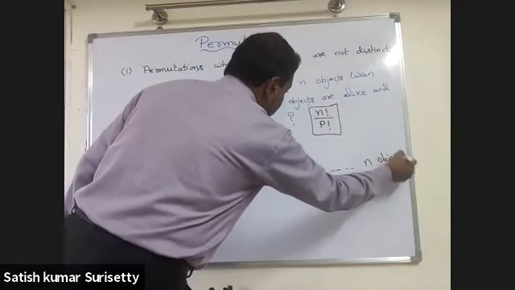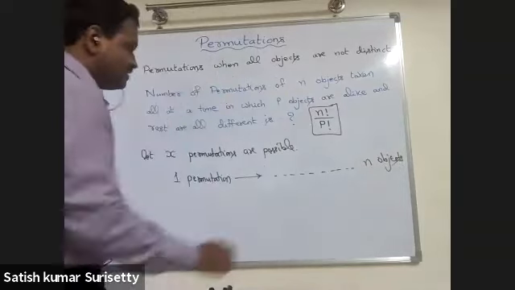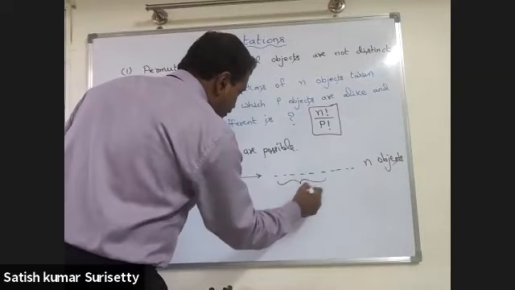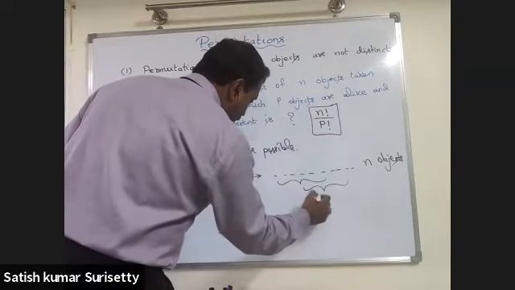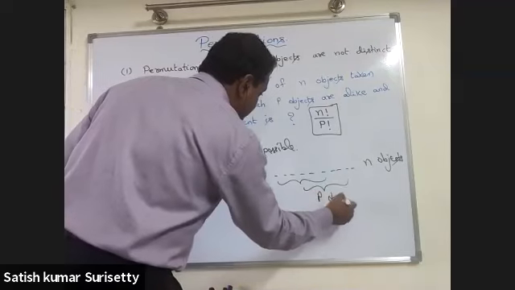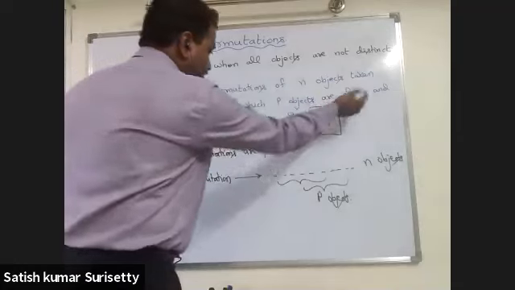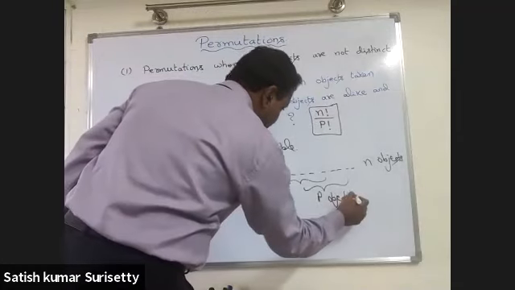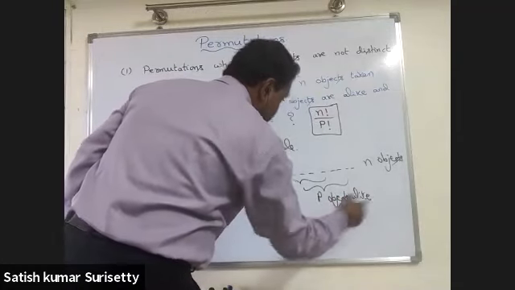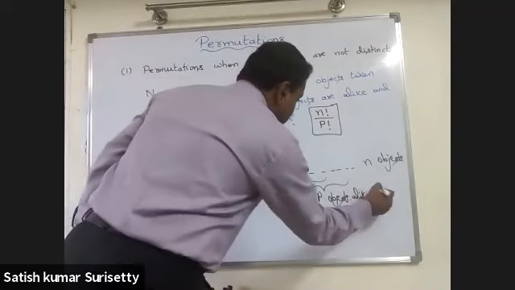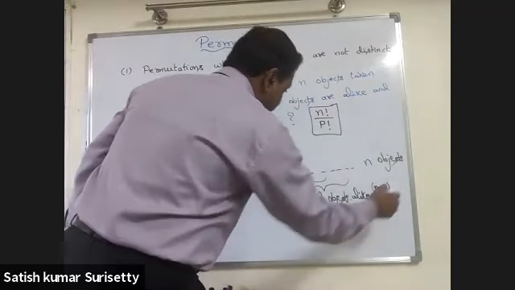Somewhere in it there will be p objects, and these p objects are all the same because p objects are alike. That means the remaining n minus p are different.